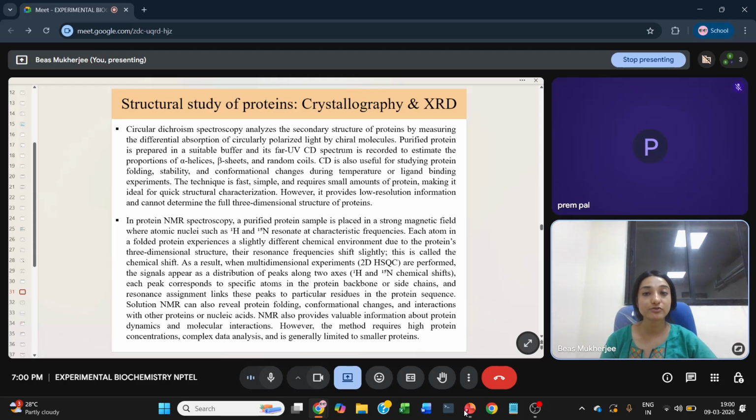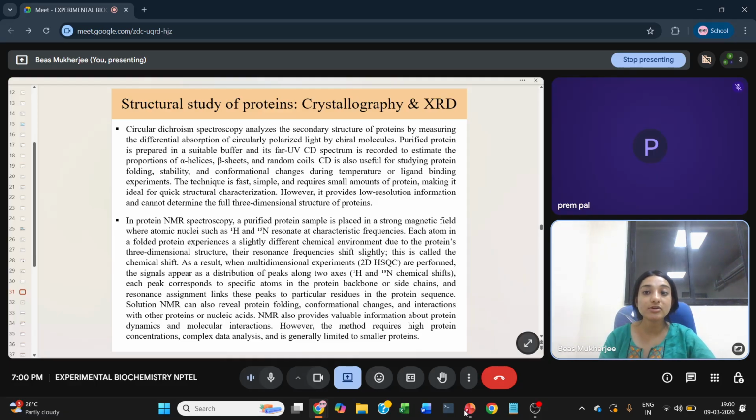In NMR spectroscopy, a very well purified protein sample is taken, and if it is unlabeled, so there is just normal hydrogen, then also you can get a 1D NMR because 1H is also NMR active. If you go for a 15N and 1H labeled sample, then for 15N you will get resonance at characteristic frequencies.